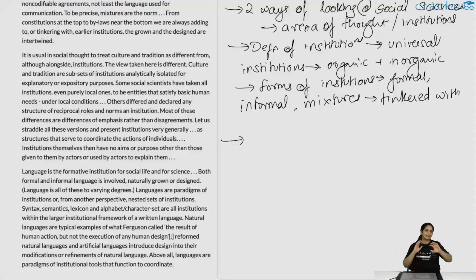So the author says let's leave all of these disagreements aside and define institutions very generally. Essentially the author wants to say that anything which serves the role of coordinating actions of individuals, we'll call it an institution, whether or not it has any aim or purpose other than what the actors give it. So the author adopts a broad definition of what is an institution.